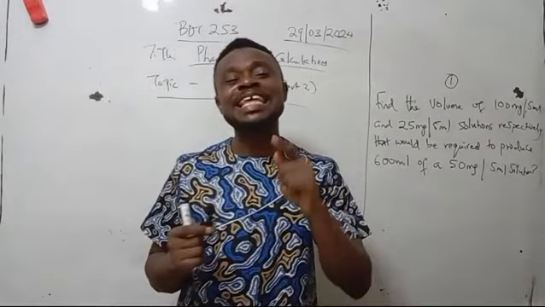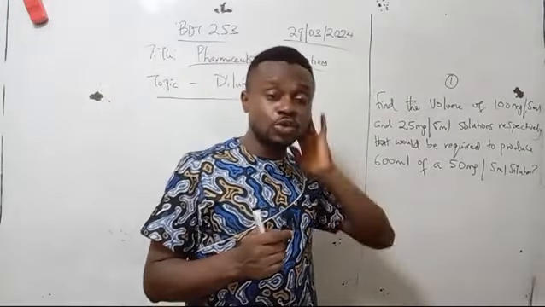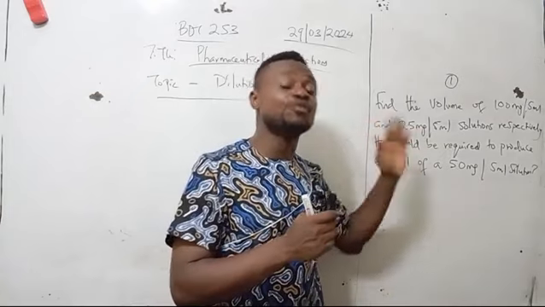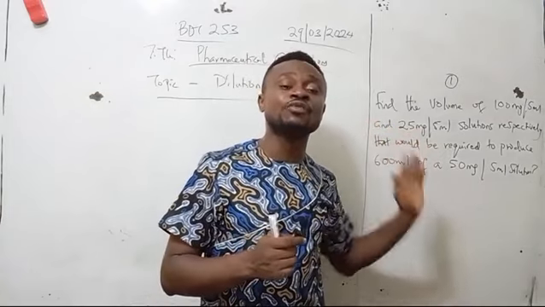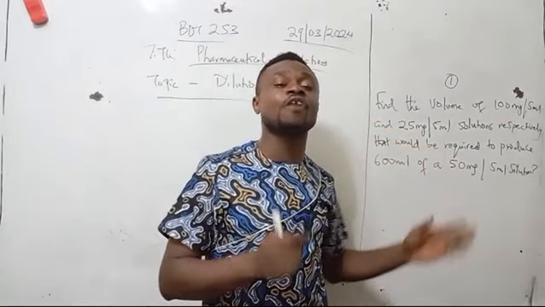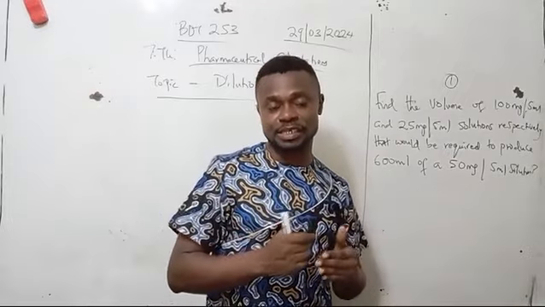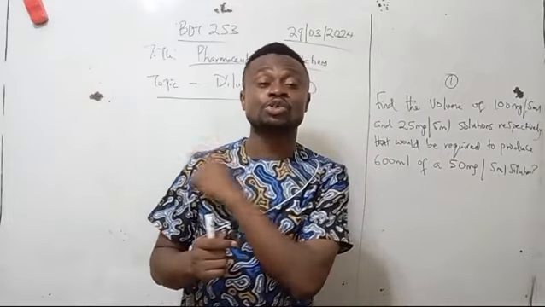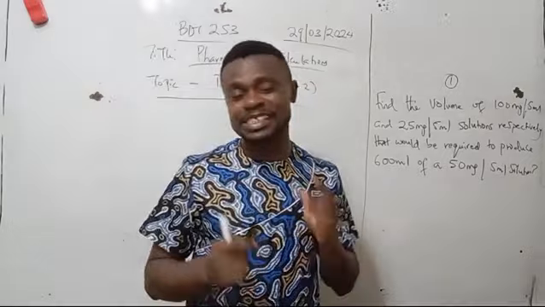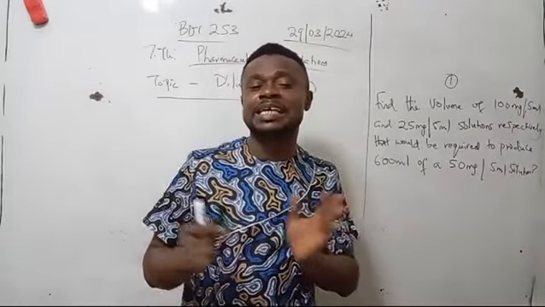In alligation medial, you know the volumes and the concentrations of the two solutions you want to mix, but you don't know the concentration you are going to produce. That's the difference between alligation medial and alligation alternate.